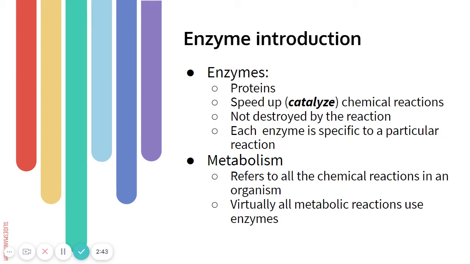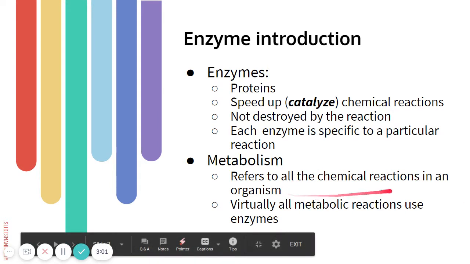Any chemical reaction that needs to occur in order to build up some sort of structural component within a cell, so maybe building up like the cytoskeleton, that's going to be falling under the category of metabolism as well. So any chemical reaction that's taking place within an organism, that's a metabolic reaction.